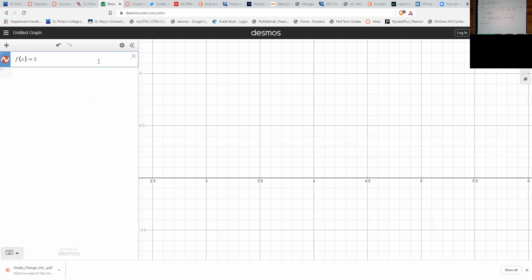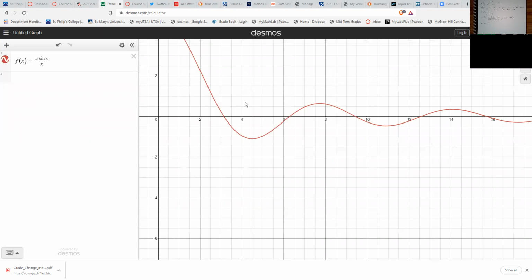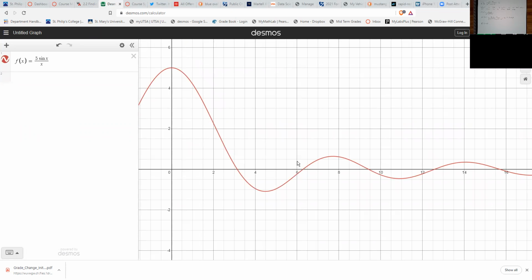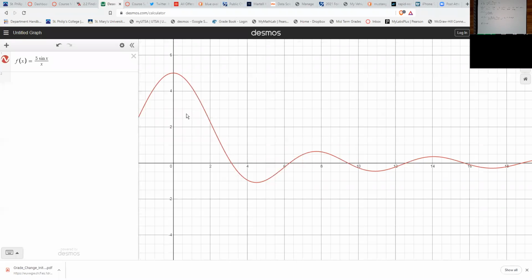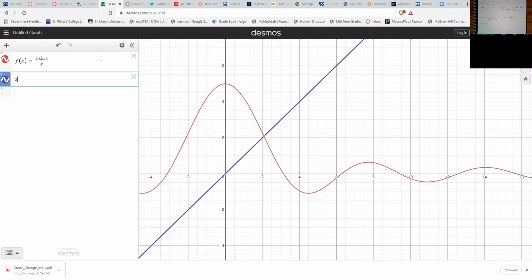So we had 5 sine x over x. You guys can see my graph, right? So as x approaches 0, what is going on on the left side? Here's 0, just to make it easier so you can see. X equals 0 is the purple line.